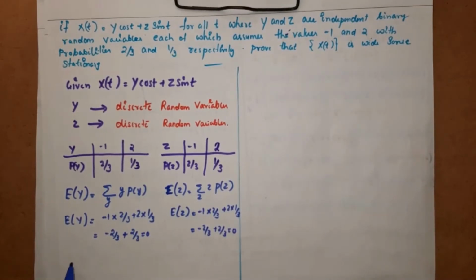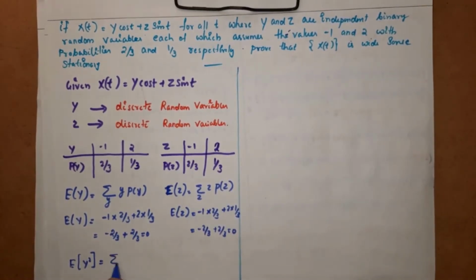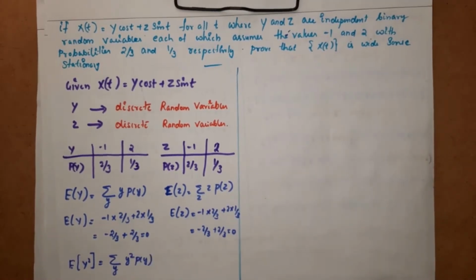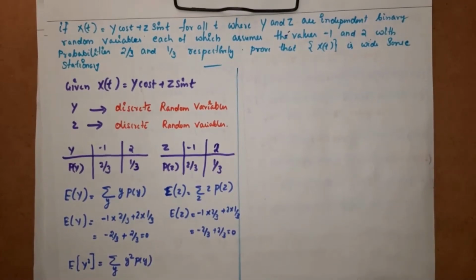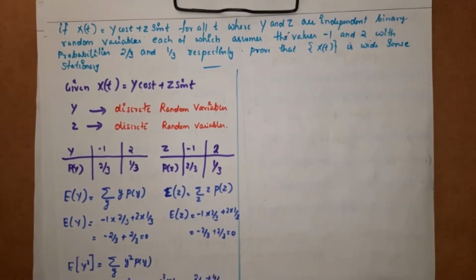Now we will have to find E of y square. E of y square is equal to summation over y square into p of y. That's equal to -1 square into 2 by 3 plus 2 square into 1 by 3, which is 2 by 3 plus 4 by 3, equal to 6 by 3.